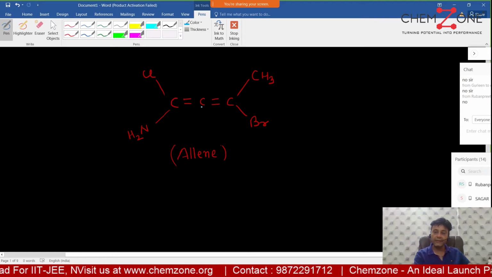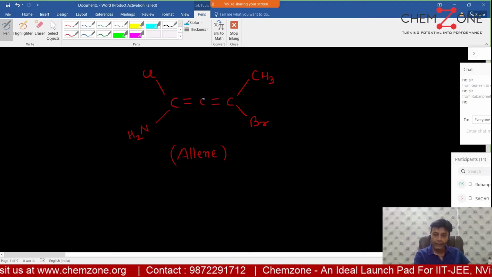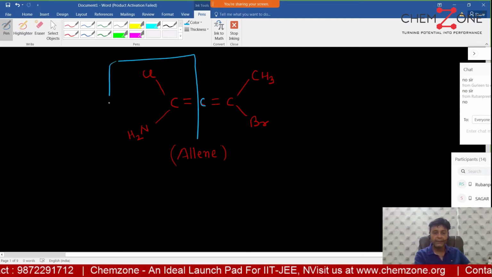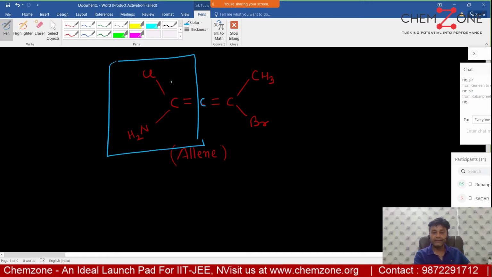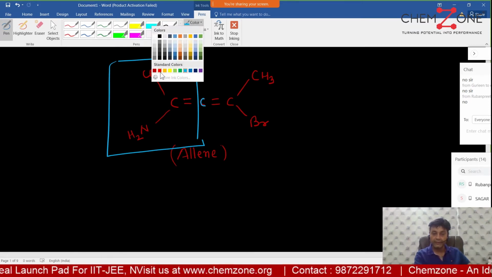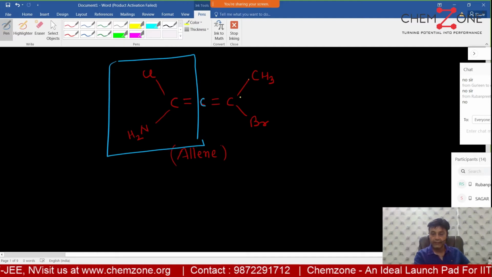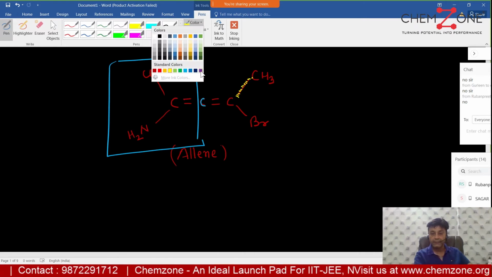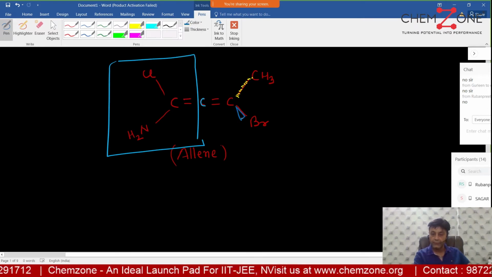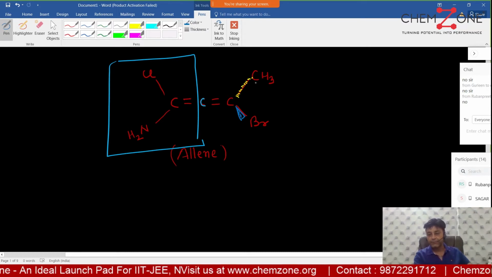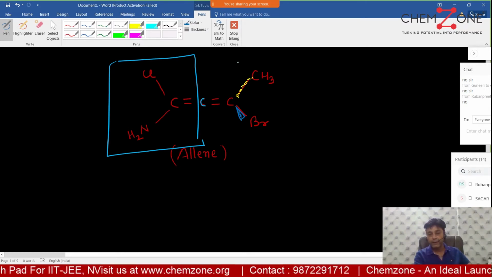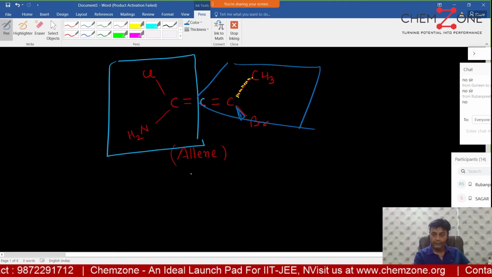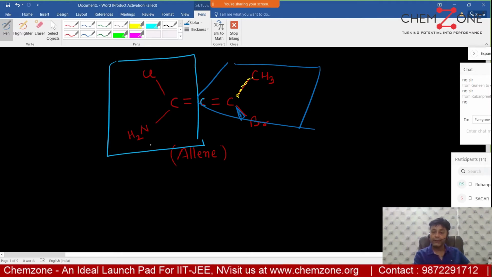Dissymmetric in the sense, around this carbon atom, this part of the molecule is within the plane of the screen, and the other part is away from the observer, and this is towards the observer. So can I say these methyl and bromine are perpendicular to the other two?